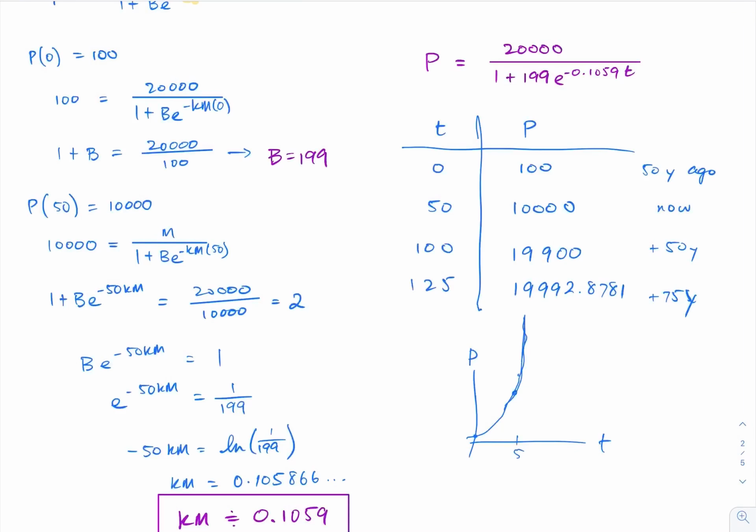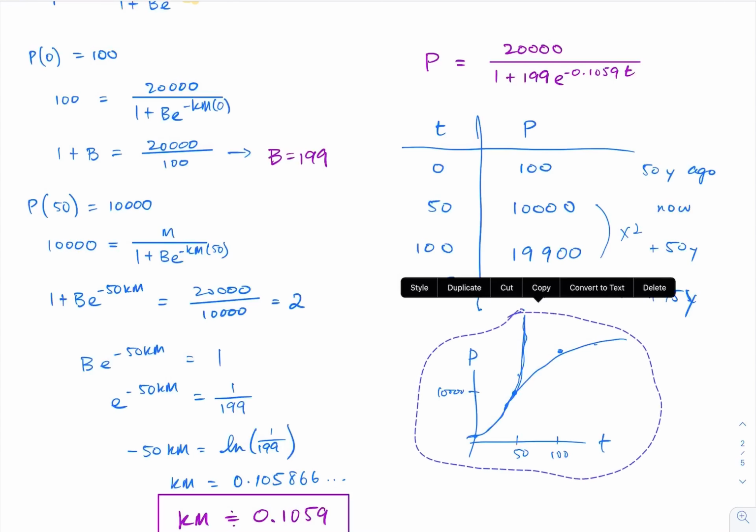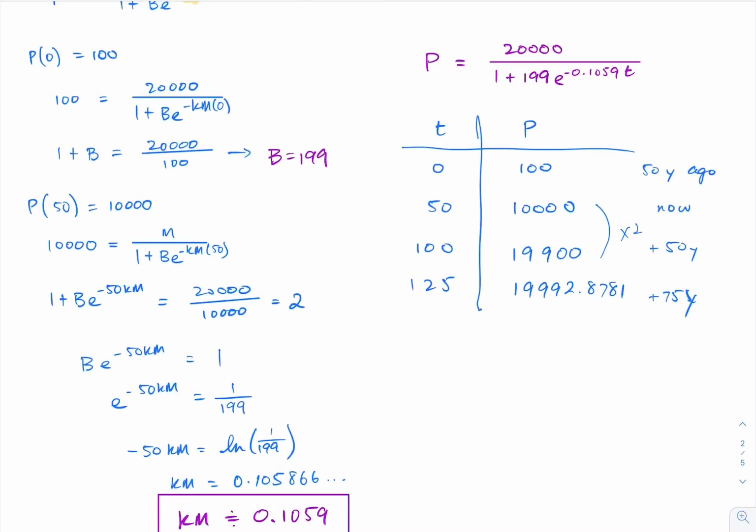So that's 50 years, 10,000, and then 100 years, well, that'd be an uncountably large number of rabbits, but with our logistic growth, from there to there, it's only doubled, you know, a little bit less than doubled. So it's approaching that 20,000 limit that we've put on. And I'd just like to comment on the equation that we've got.